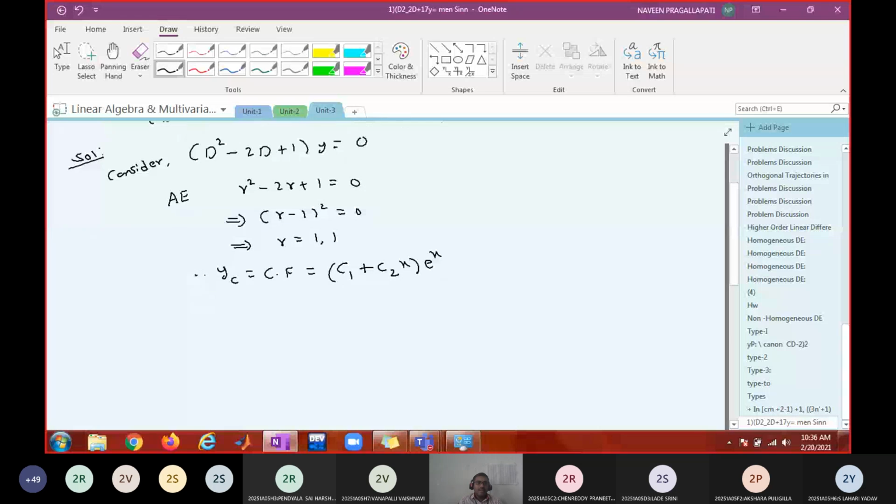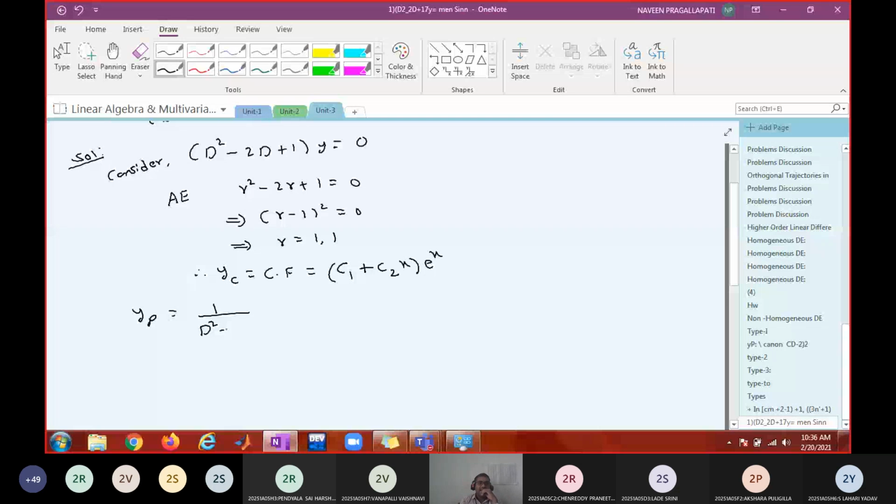So what is the particular integral, 1 by f of d of q of x? What is q of x? It is x e power x sin x. Tell me which type you want me to apply first.